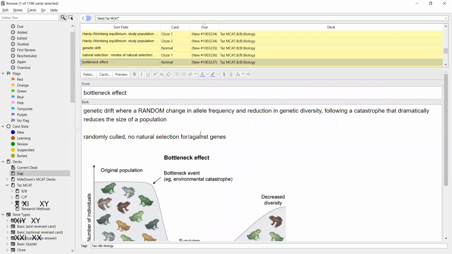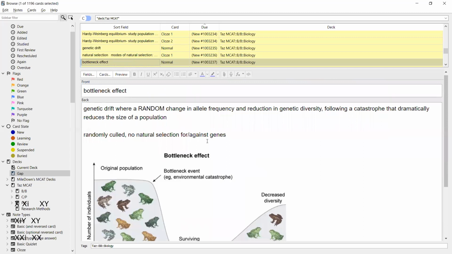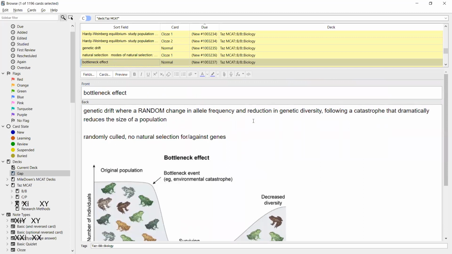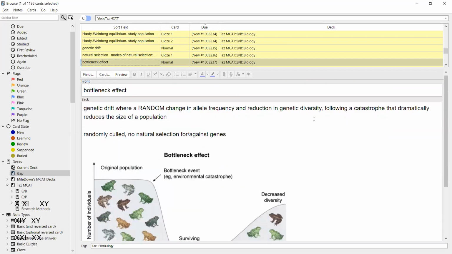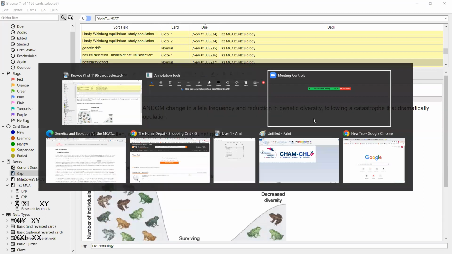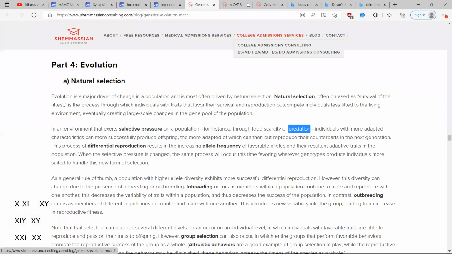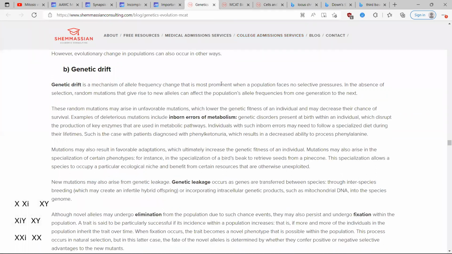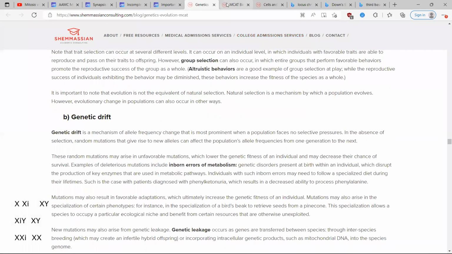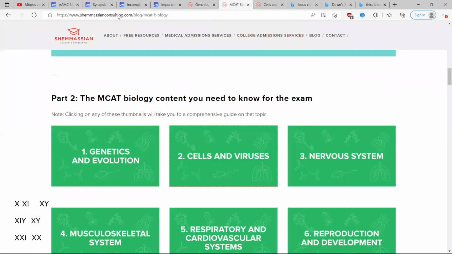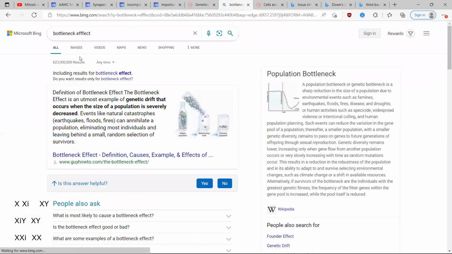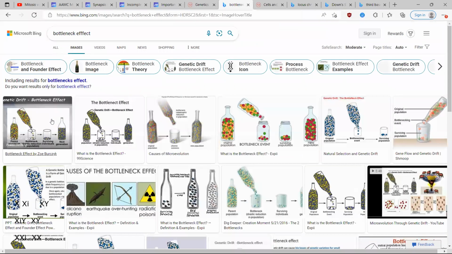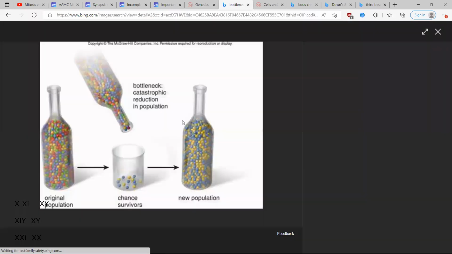Okay. And the bottleneck effect is very closely related. The reason it's called the bottleneck effect is kind of fun. Yeah, this is exactly the picture I was looking for.